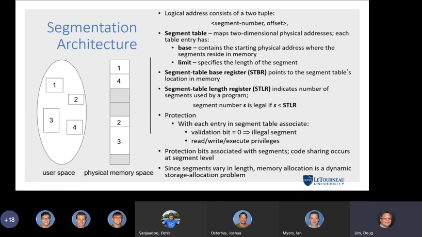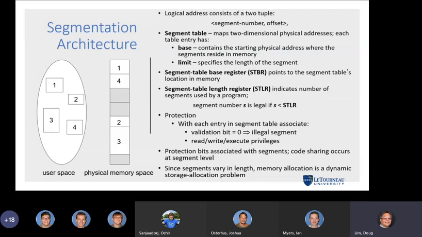So here we have a segment table with the segment number and offset, and those would need to get mapped to a physical address, which is the base address, and the limit, which is the length of the segment. The segment table base register points to the segment table's location in memory.